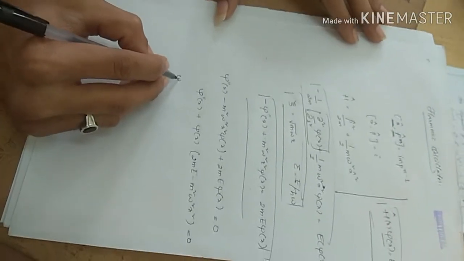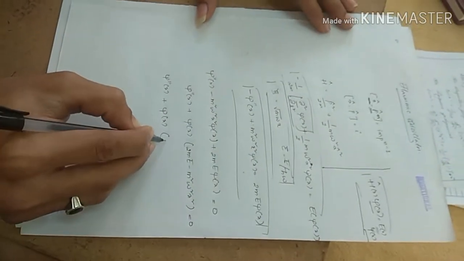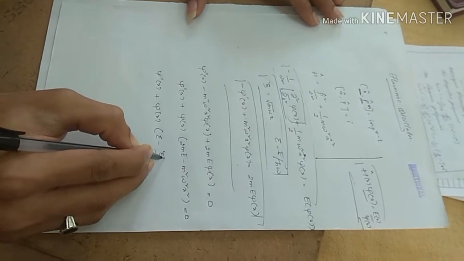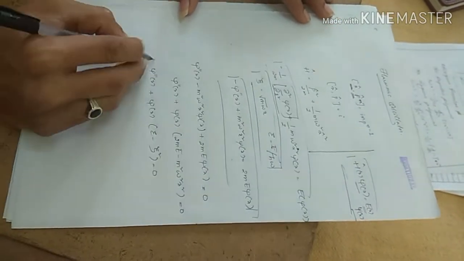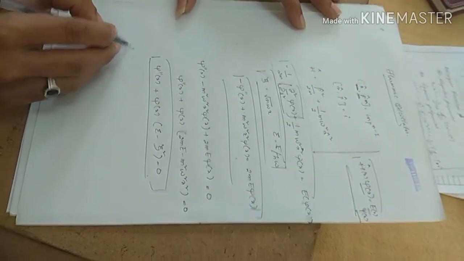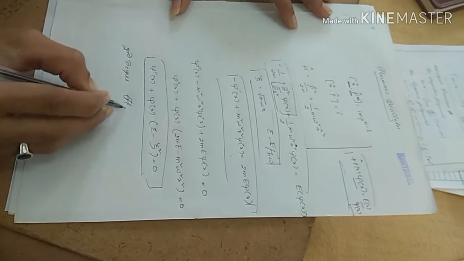And this above equation can be written as epsilon minus xi square is equal to 0. This is a second degree Hermite polynomial.